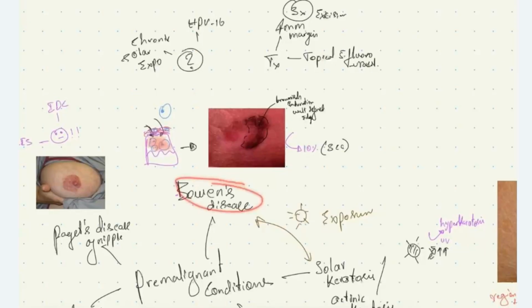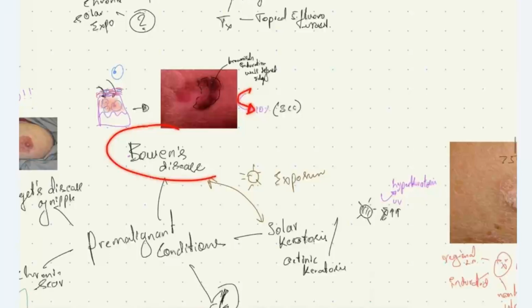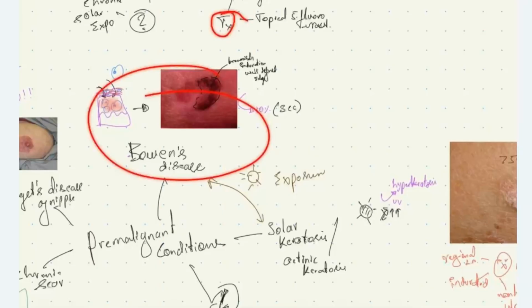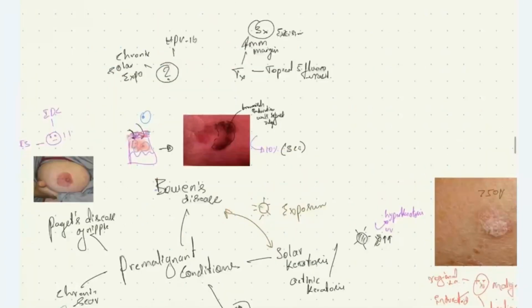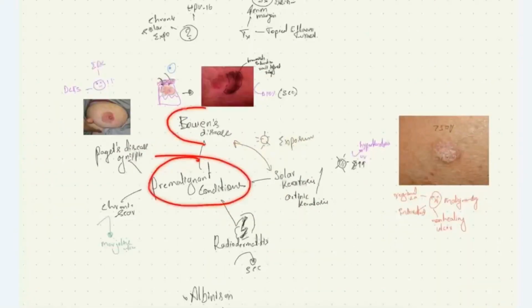In 10% of patients, Bowen's disease may go on to cause squamous cell carcinoma. Now, what is the treatment of this disease? We do surgical excision of the lesion with a 4 mm margin, and then we can apply topical 5-fluorouracil. This is about one of the pre-malignant conditions, Bowen's disease.